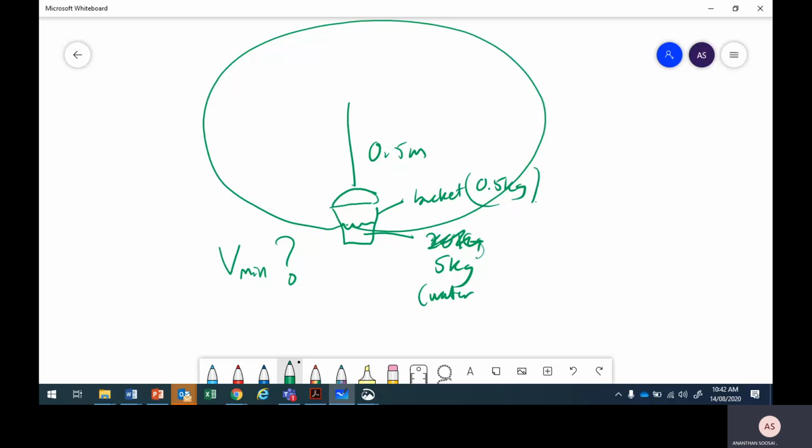Leave it to you. Get what forces are acting, what equals FC, and find the minimum speed. The water is 5 kg, the bucket is 0.5 kg. So, anyone got the answer? How many meters per second?